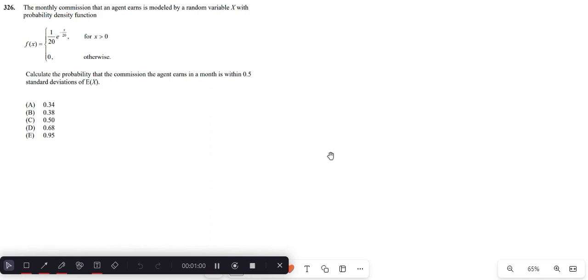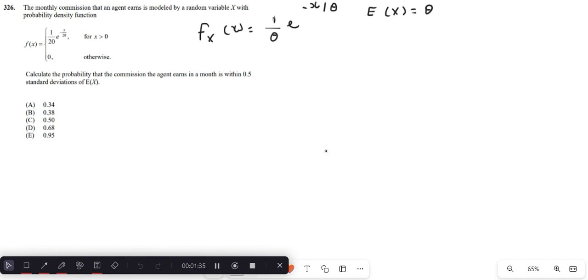Remember that for exponential distributions, if X is exponentially distributed, the PDF of X would be f of x equals 1 over theta e raised to the power of negative x over theta, where the expected value of X is equal to theta.